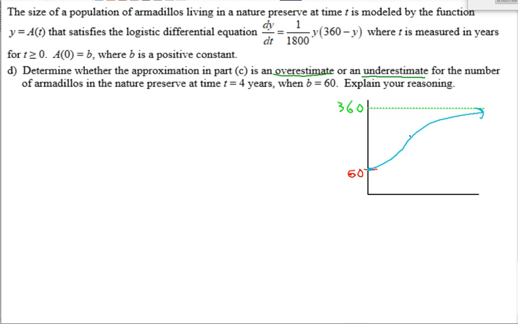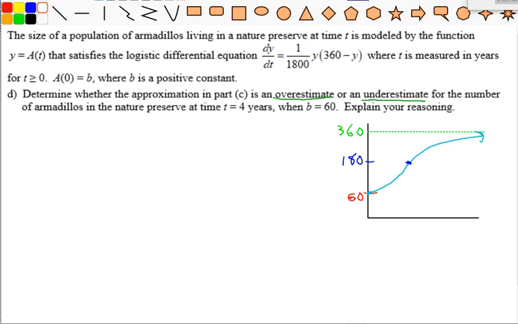And again, it would be steepest right there at 180, and 60 is below that. So on this one, it's similar to the local linear approximation. You can see this whole thing is concave up, and Euler's method is really just a bunch of linear approximations.